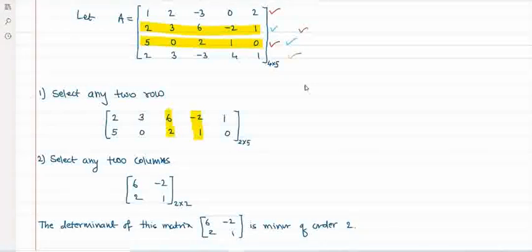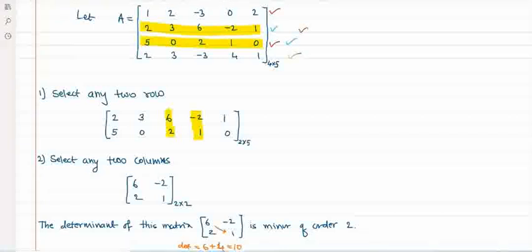What is the determinant value? The determinant is 6 times 1 is 6, minus becomes plus, 4, sorry, 10. This value is 10.